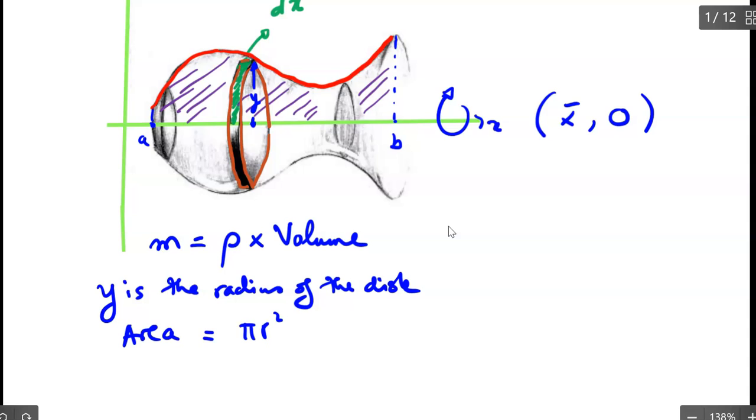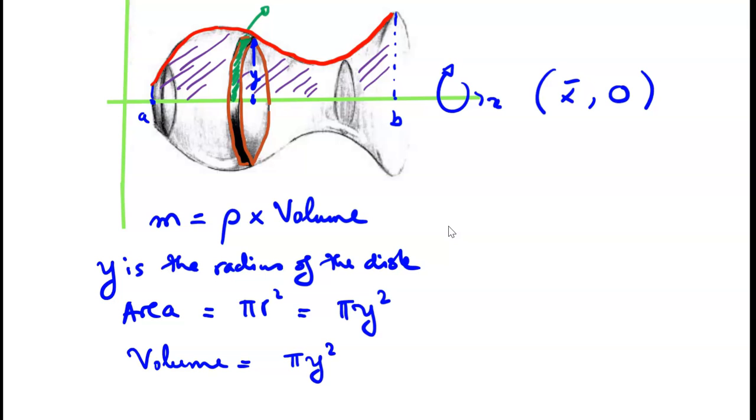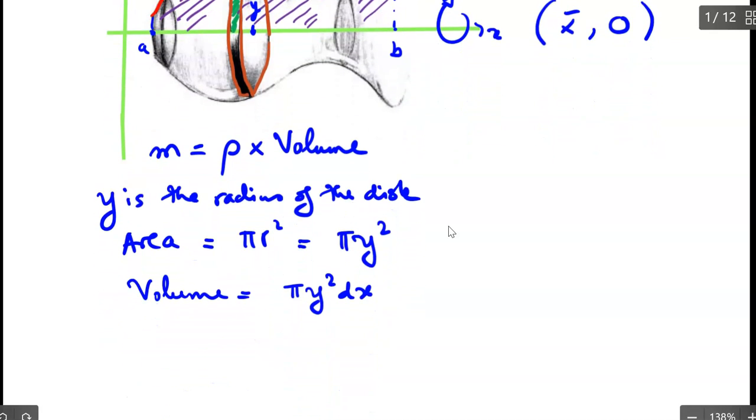So I replace r by y because I let the radius equal y. Now the volume will be equal to pi y squared, and I multiply by dx, which is this part of the disk. So this is very important.